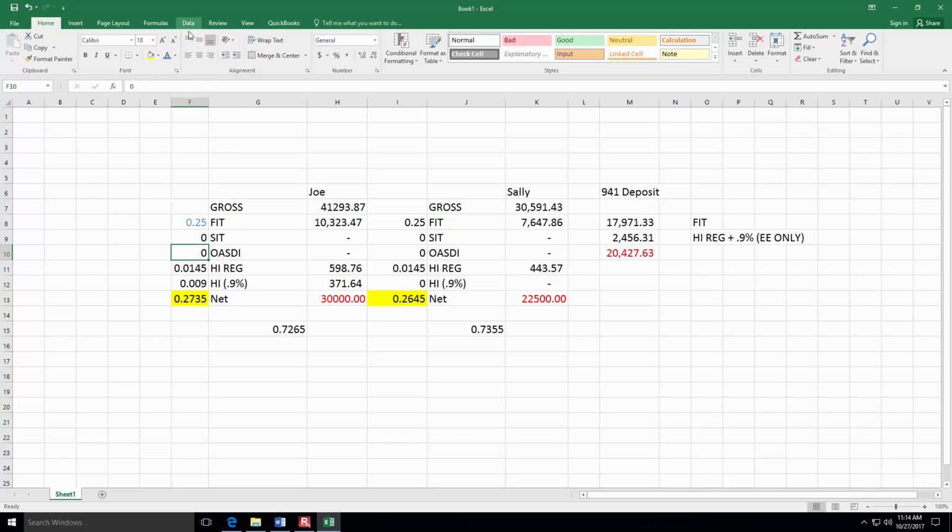You get +1 if you caught that they both had capped for OASDI. You got +1 if you caught that they both had 1.45% taken out for HI. And you get +1 if you caught and correctly put the number in, the 0.9%. So now we're at 1, 2, 3, 4, 5 points, right?